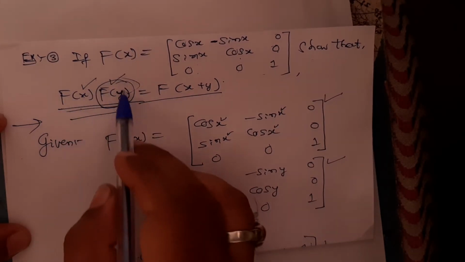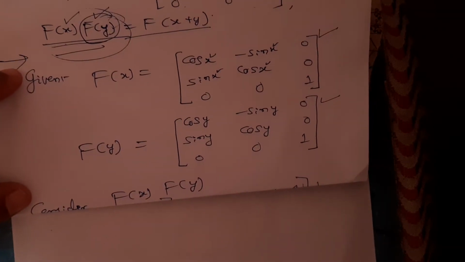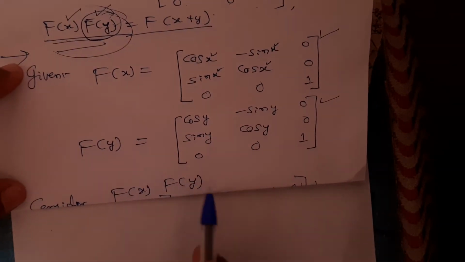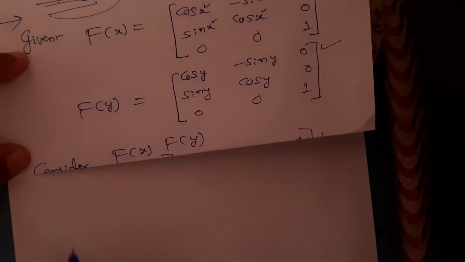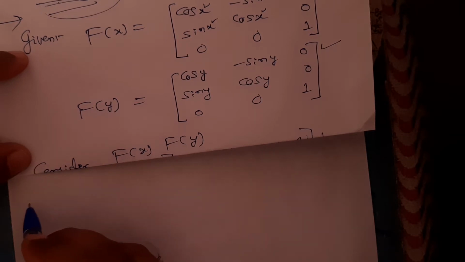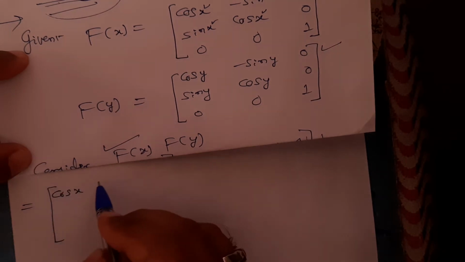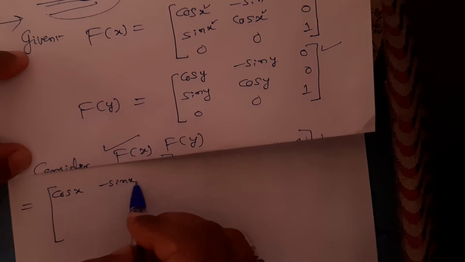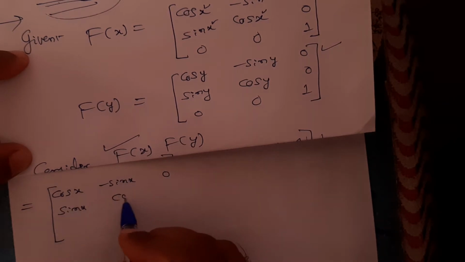That means we have to find the product here. So let us find out the product, f of x into f of y. You have to concentrate here. My first matrix is cos x, minus sin x, 0, then sin x, cos x, 0, 0 0 1.